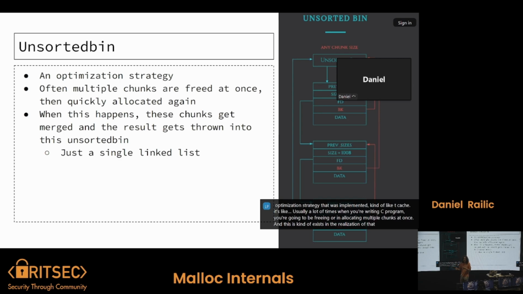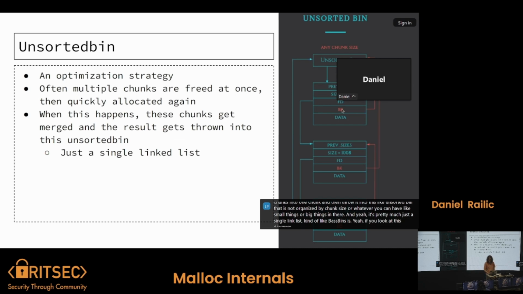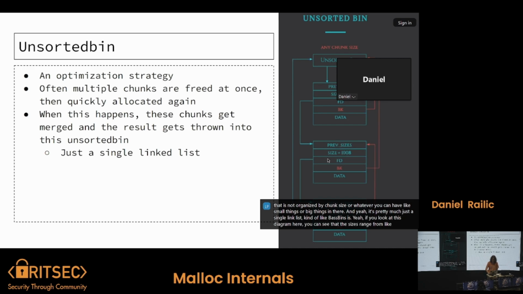So if it notices a ton of stuff was allocated and freed recently, it's going to merge all of those chunks into one chunk and throw it into this unsorted bin that is not organized by chunk size. You can have small things or big things in there, and it's pretty much just a singly linked list, kind of like fast bins. If you look at this diagram here, you can see that the sizes range from like 88 to 1008 and so on.